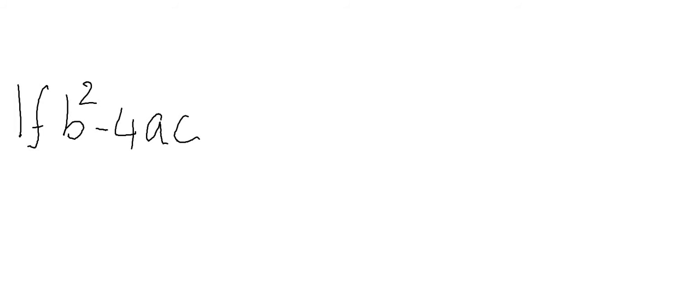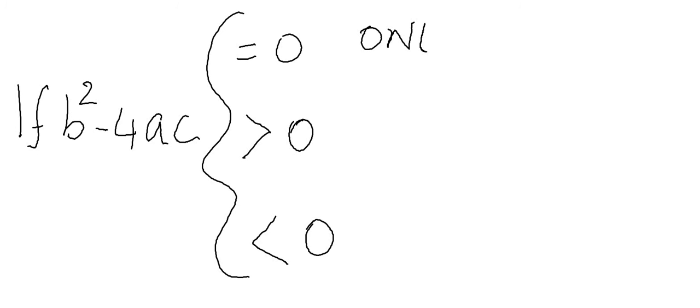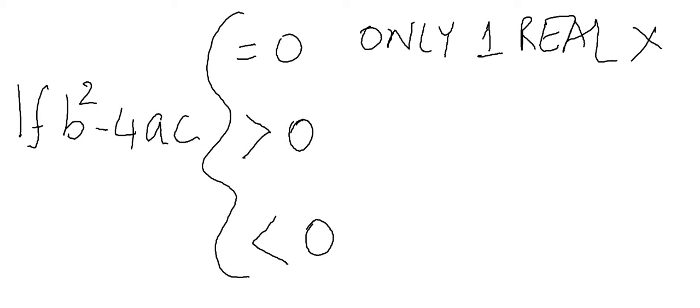Alright, so then to summarize, we can say if b square minus 4ac is equal to 0, or the other option could be if that is greater than 0, or b square minus 4ac is less than 0. So if b square minus 4ac is equal to 0, then you have only one real value of x.